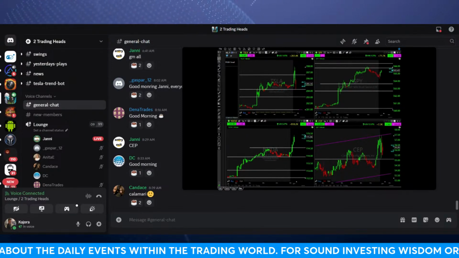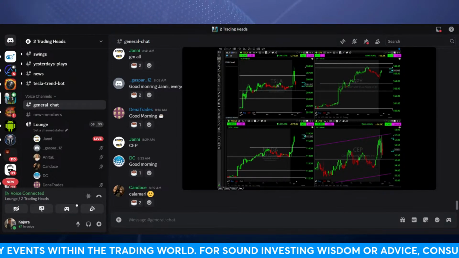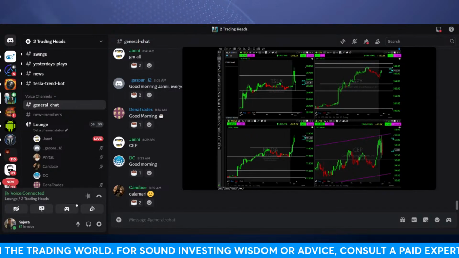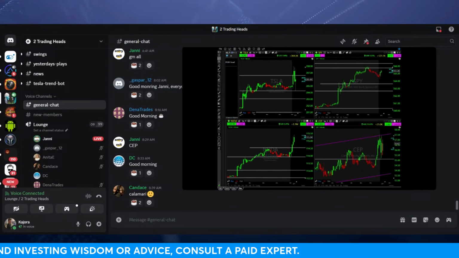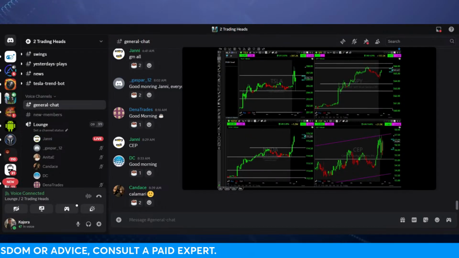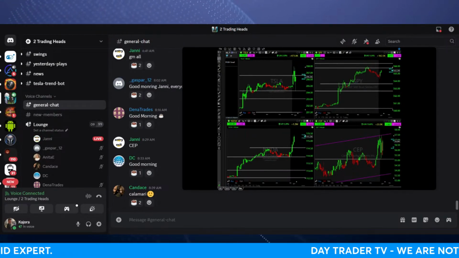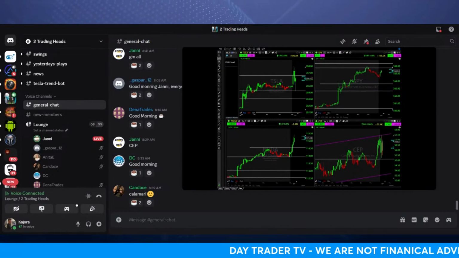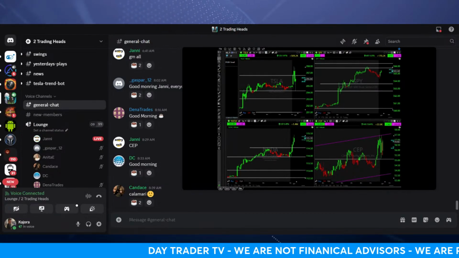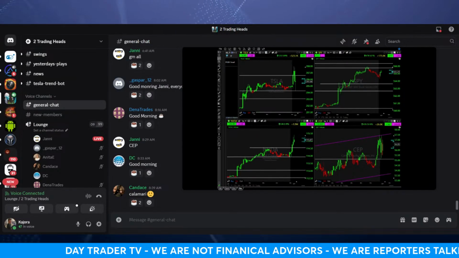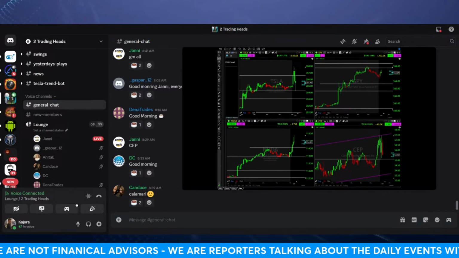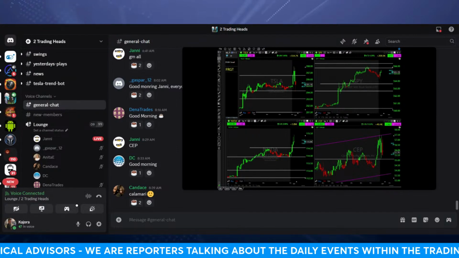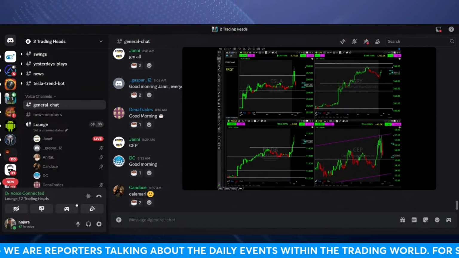Tesla is testing support here. Buy is coming up to resistance. Nice move on MSTR and Coin, going higher. PLTR, beautiful move, came up to 121 right now, but it's not breaking over resistance yet.